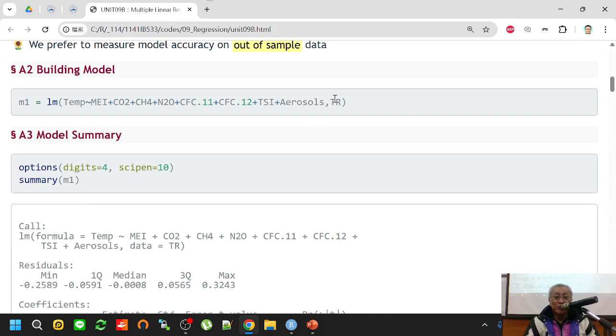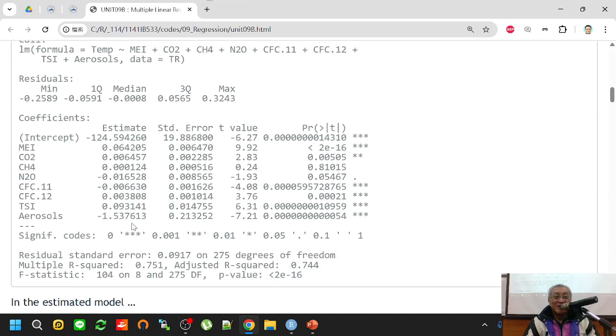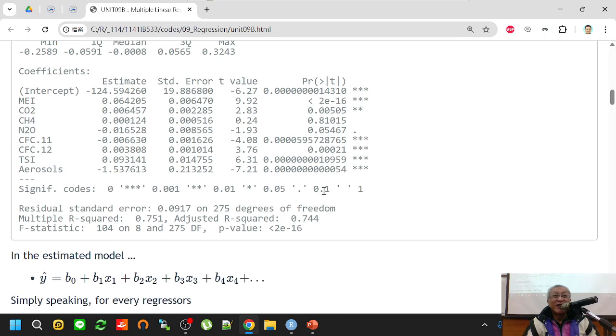So we only use the training data to build a model, and we explained how to assess the relationship between all of the X toward Y, in this case toward temperature, and that can be seen in the p-value.